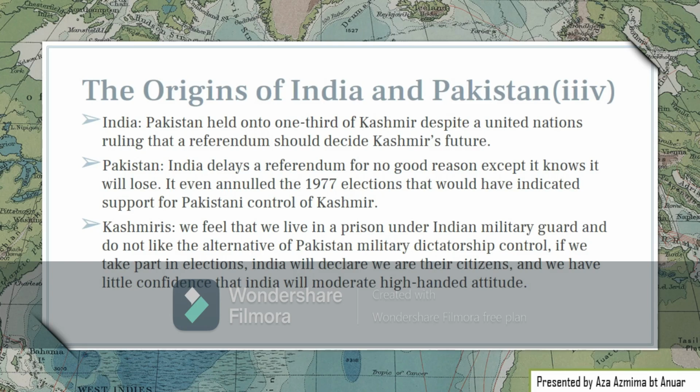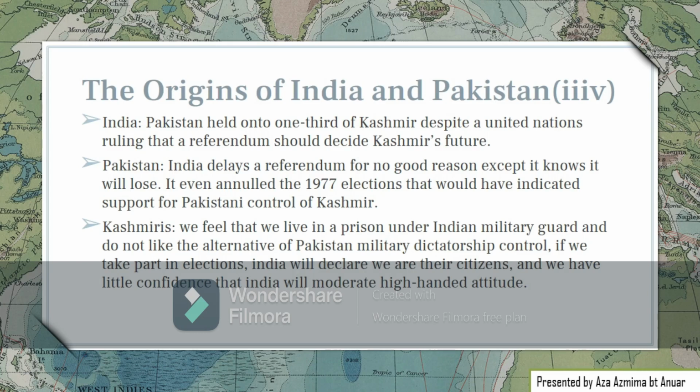For Pakistan, India delayed a referendum for no good reason except it knows it will lose. It even cancelled the 1977 election that would have indicated support for Pakistani control of Kashmir.